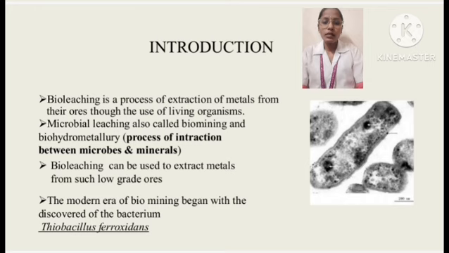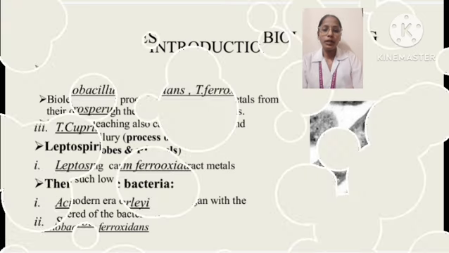During the oxidation process, metals like copper, gold, uranium, and nickel are released for use. On the right side of the picture, we can see the microscopic image of a bacterium involved in bioleaching.